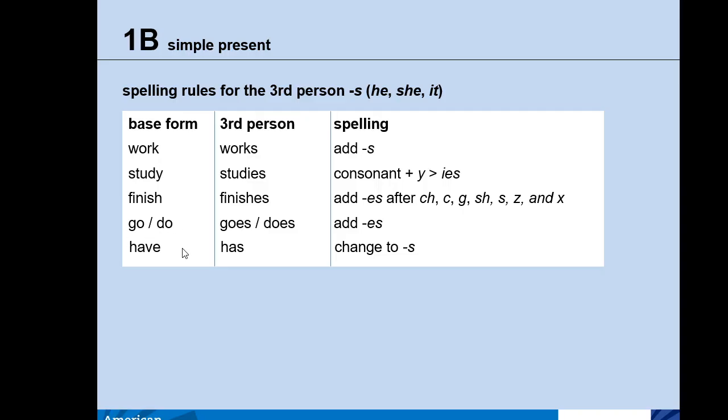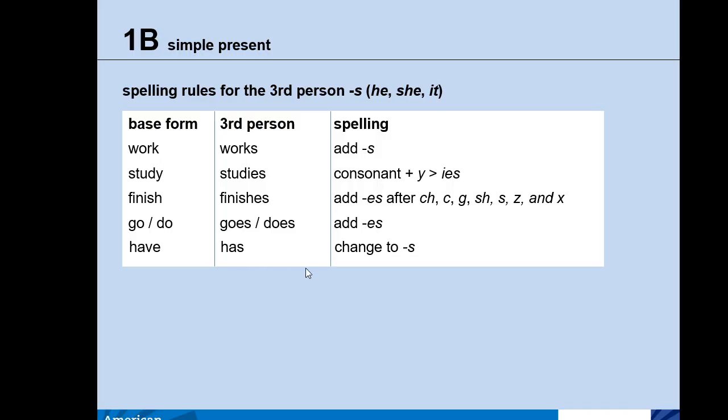For some irregular verbs like go, do, and have, if you notice, we have to change the verb into the ones that we have here in this list, and also that the verb have, as it is irregular, changes into that form.